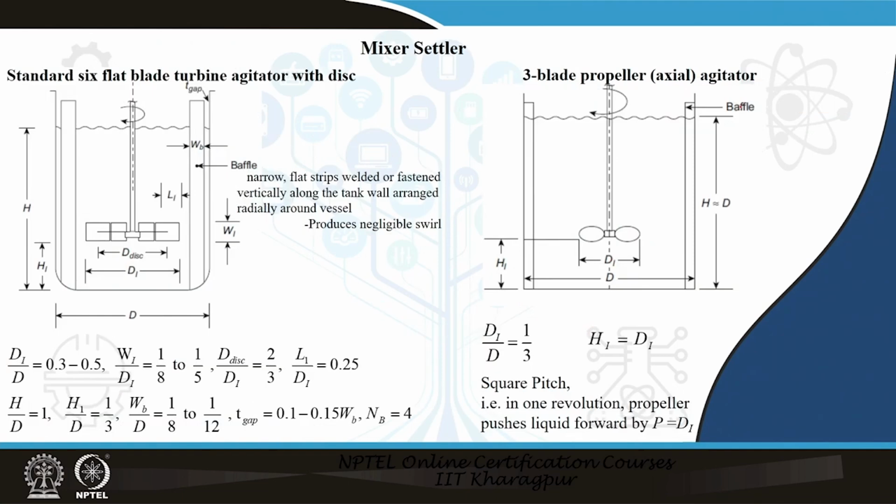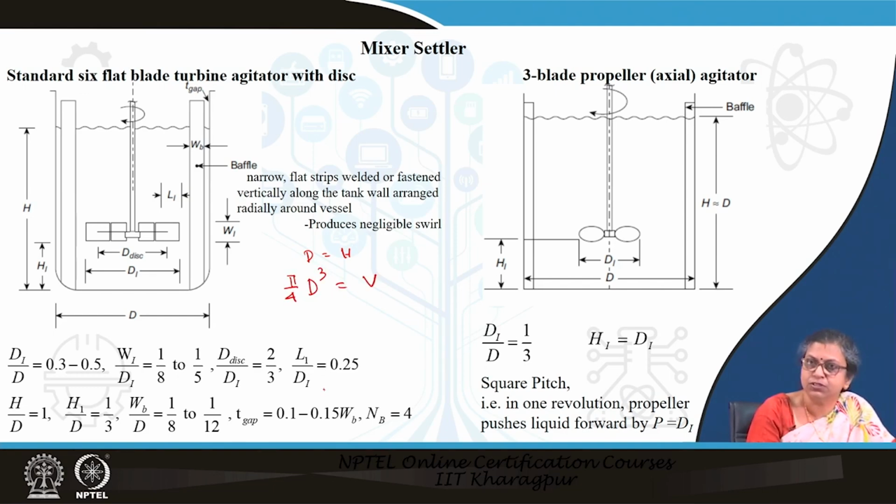Well, once the volume has been decided, generally we take D equals H, as a result of which the volume is given by pi by 4 D cube. Once the volume is decided, we can find out the diameter of the column. Once the diameter of the column is fixed, as you will find when we do a problem, we can find out the height of the vessel.